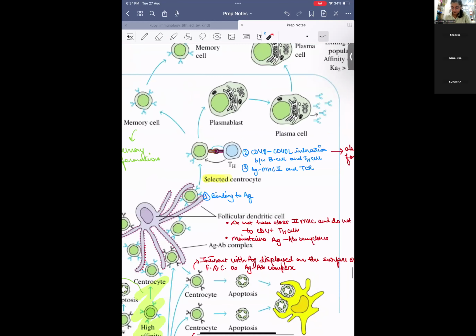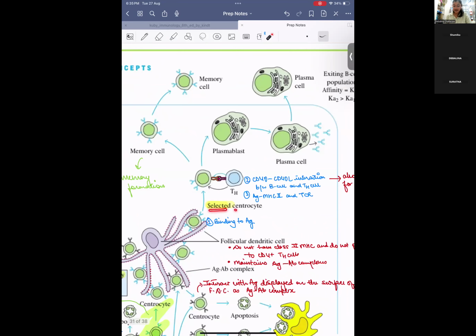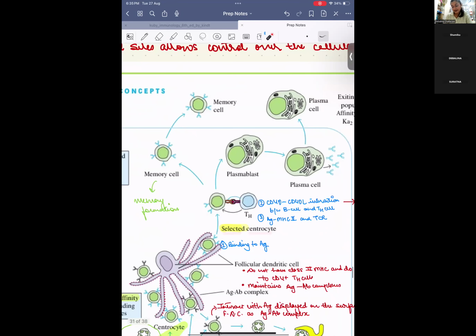So once this binding of antigen happens, we have the selected centrocyte now getting a chance to interact with the T helper cells, which are also present in the paracortex region, right?